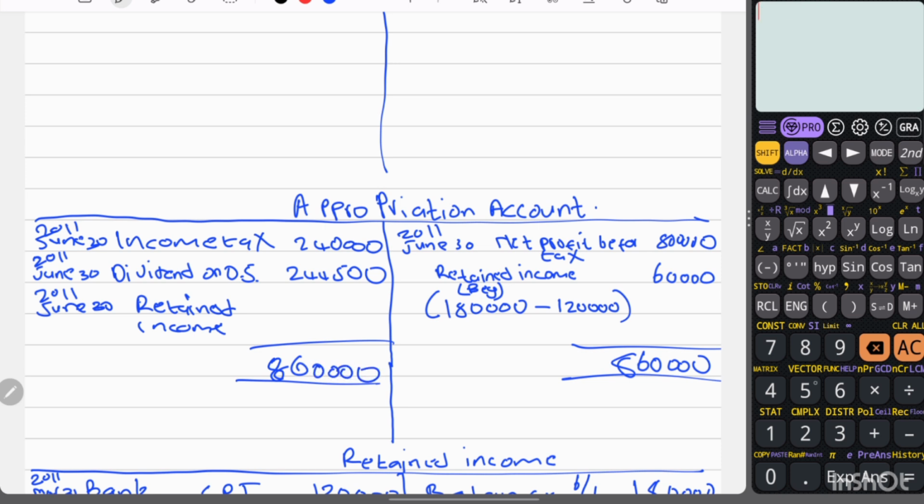Then 860,000 minus 244,500 minus 240,000. I'm getting my return income as 375,500 now. Okay, this is my returned income, guys.